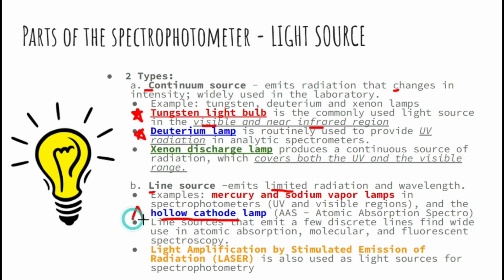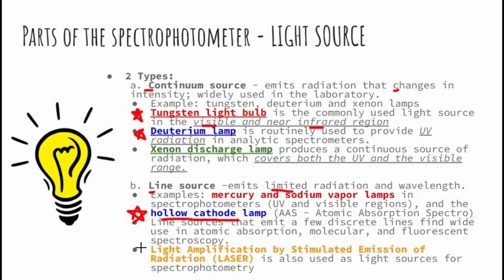Another recall question, palagyan po ng star, your hollow cathode lamp is the light source for AAS or the atomic absorption spectrophotometry. Again po, your hollow cathode lamp is the light source that is preferred for AAS or the atomic absorption spectrophotometry. Line sources that emit a few discrete lines find use in atomic absorption, molecular, and fluorescence spectroscopy.